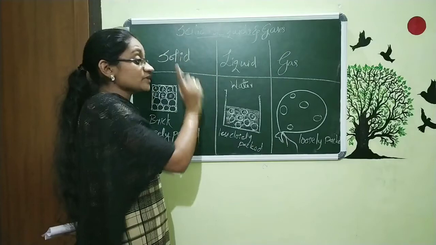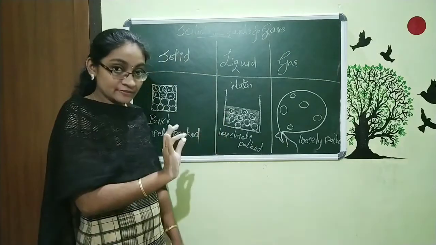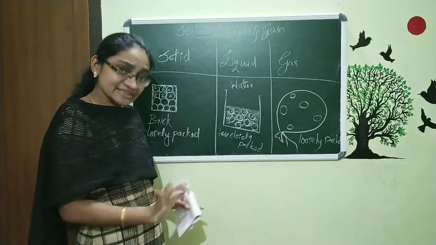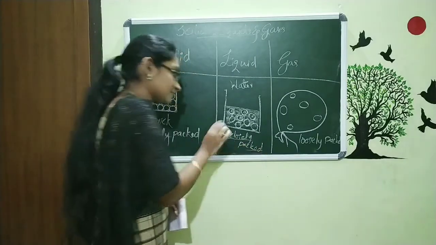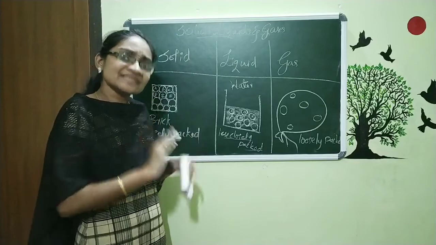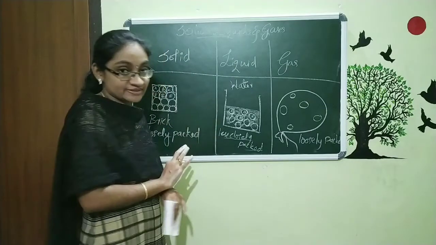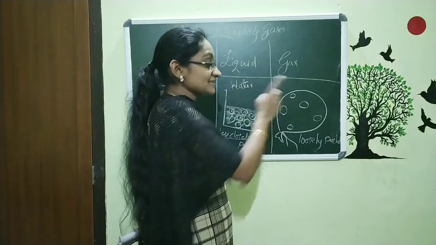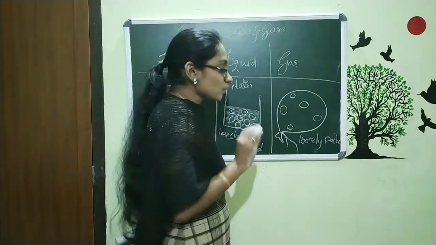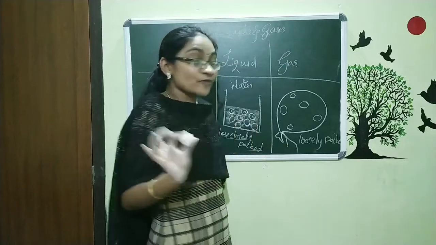And when we are thinking about the liquid, the molecules have attraction, but they are less closely packed. That means there is some sort of distance between the molecules. That is about the liquid. And when we are thinking about the gas, you can see that the molecules are very free to move.